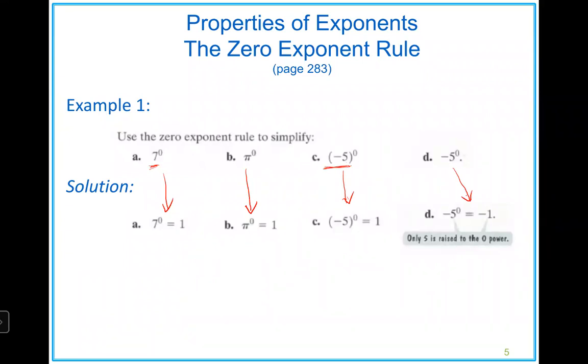So you want the negative of 5 to the 0 power. 5 to the 0 power is 1, so the negative of that would be negative 1. Okay? So that's why we have a negative here in our answer. That's different from this one, which is asking you to raise negative 5 to the 0 power, whereas this one is just asking you to raise 5 to the power of 0, but give the negative of that answer.